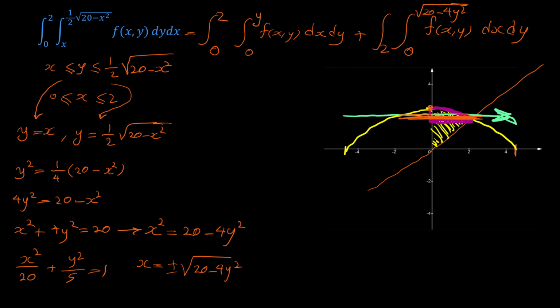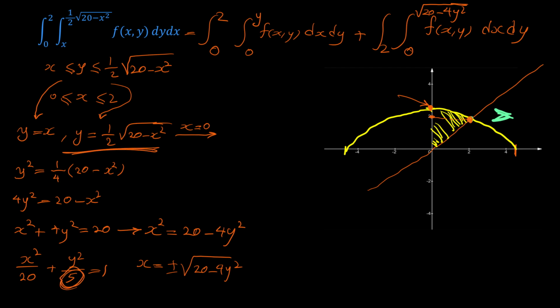Let me erase these extra things from here if I can. So y is from 2 to this point. What is this point? This point is the y-intercept. And what is the y-intercept?